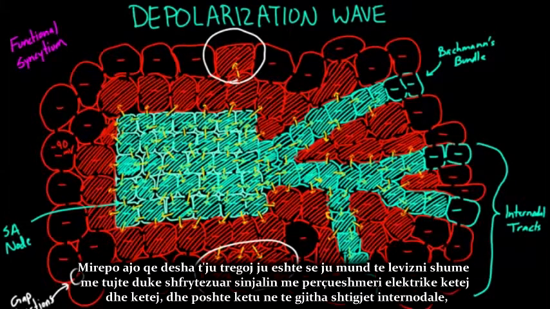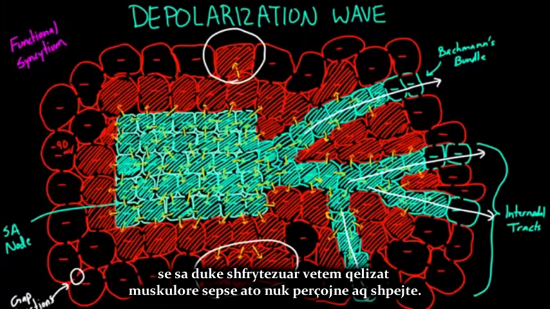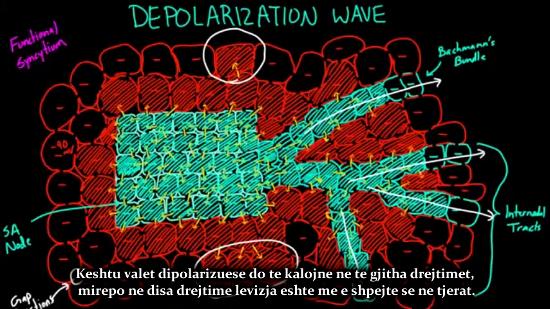But what I wanted to show you is that you can move much further along using just this electrical conduction signal, going this way and down the internodal tracts in all the directions, than you would if you were relying on the muscle cells, because they don't conduct as quickly. So the depolarization wave is going in all directions, but some directions are moving more quickly than others.